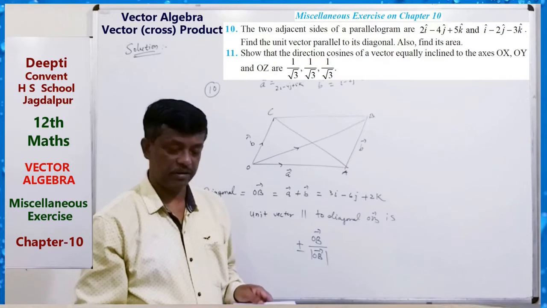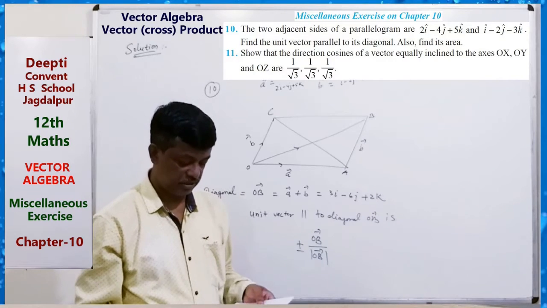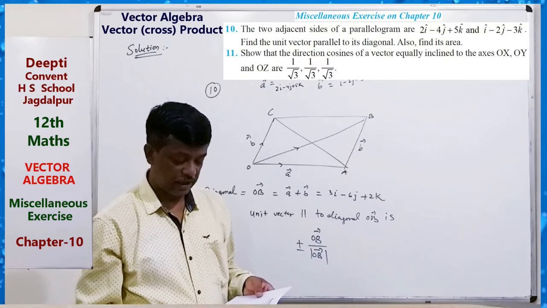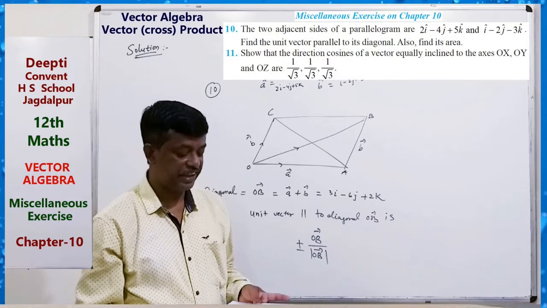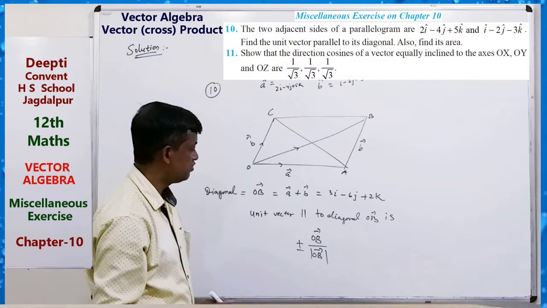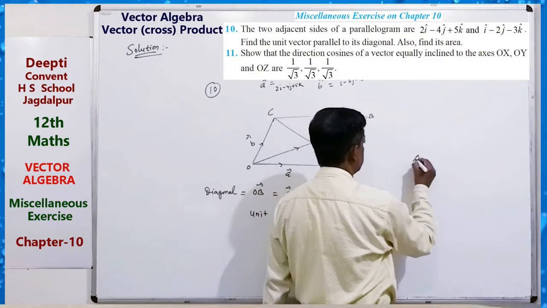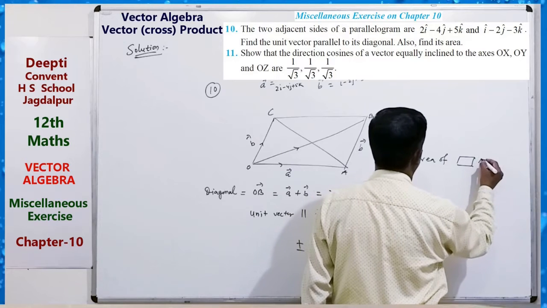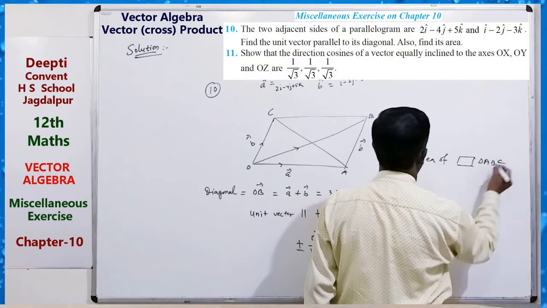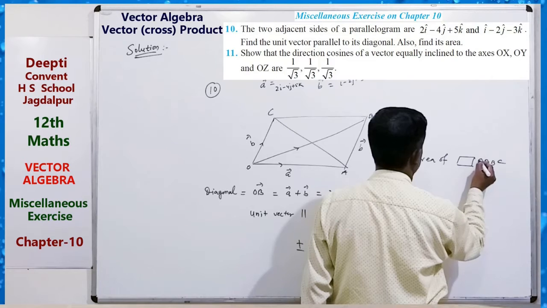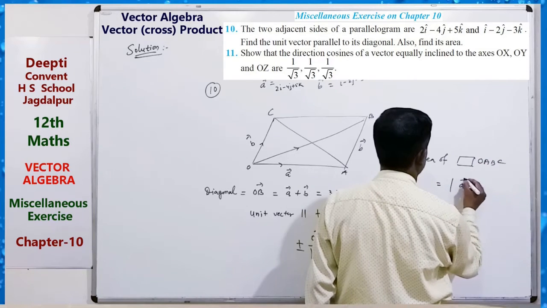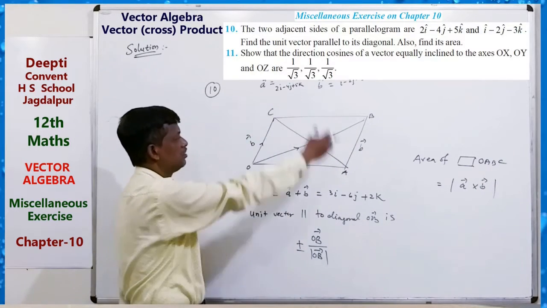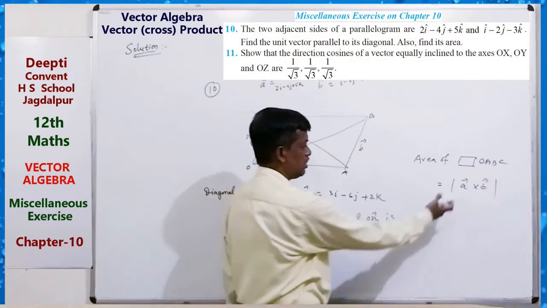And the area of the parallelogram. Area of parallelogram is what? Find the unit vector parallel to its diagonal and find its area. Area of parallelogram OABC is equal to, just find the cross product A cross B and take its modulus.